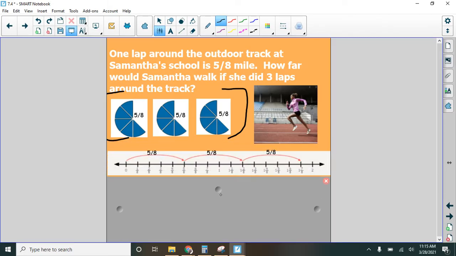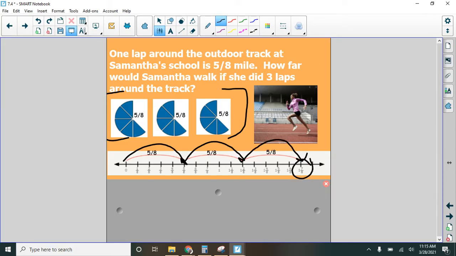Now, I could also represent it in a number line. Now, you can see these jumps look different, right? A lot of times we're just jumping from one to the next, but we're doing 3 jumps here because each time she goes around the track, she goes 5/8. So here's 5/8, and then here's the next 5/8, and then here's the next 5/8.